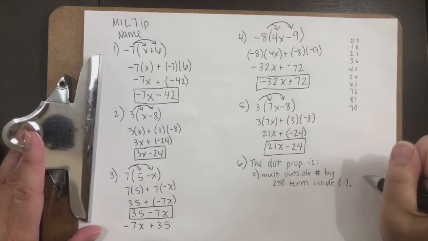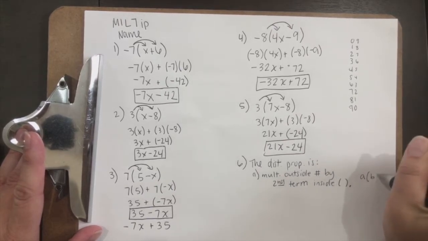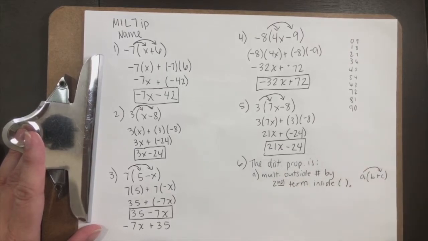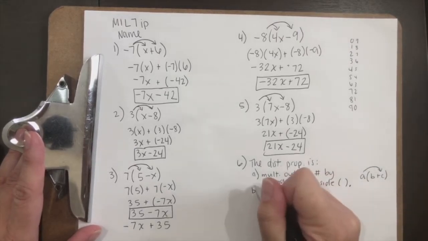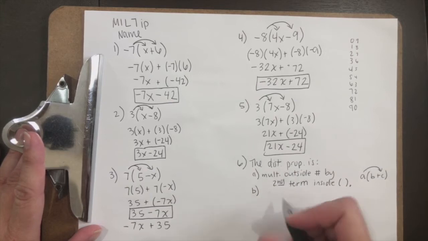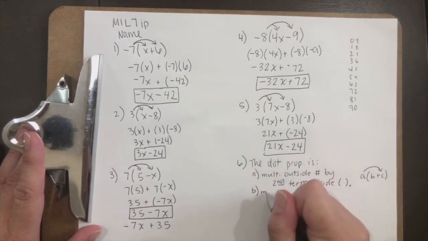So that would be like A(B plus C). That would be like saying A times C. And I'm just kind of shortening what it says on the paper, and you are totally allowed to do that. We're going to shorten it so we don't have to write as much.